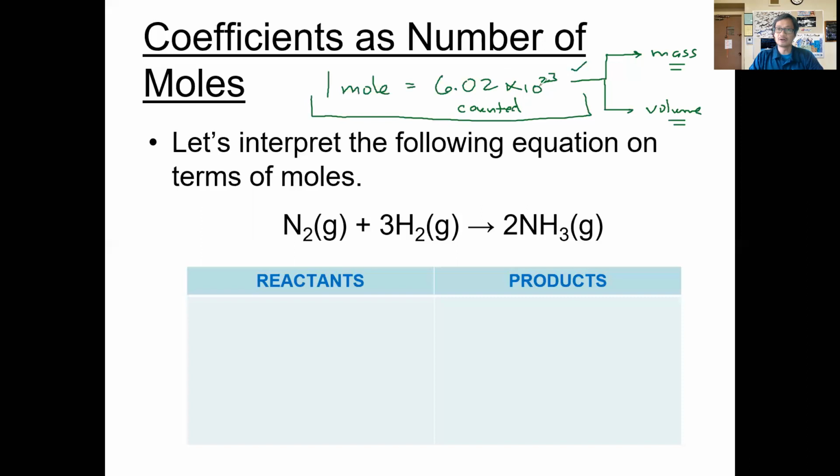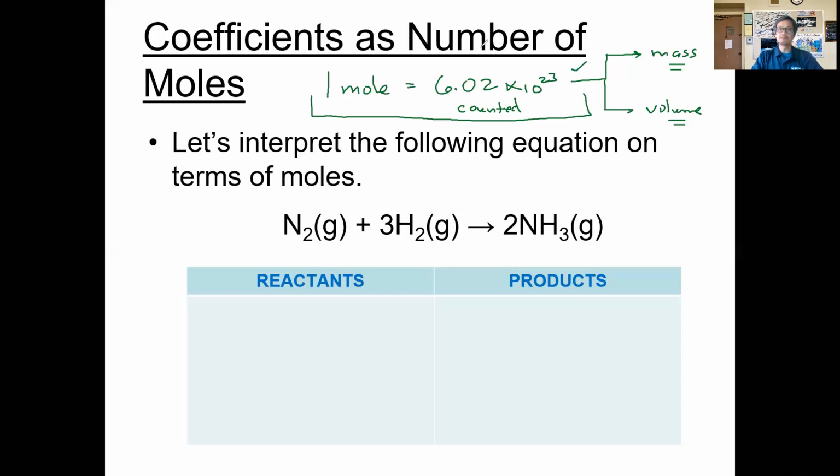It would take too long. But we can measure out a mass that's equal to this, which would be equal to 1 mole. So the conversion we want to do is from moles to mass and moles to volume, because we can weigh this out, and we can measure this volume out as well.